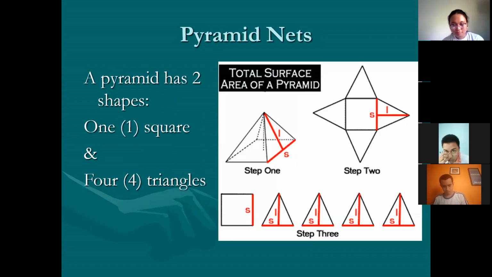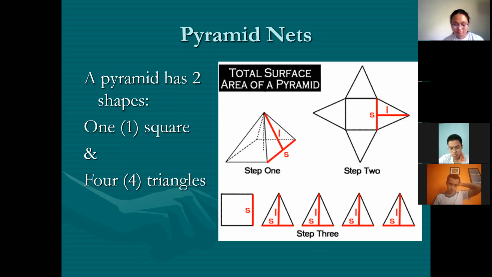So here is an example of a net figure from a pyramid with one square base and 4 lateral faces, which are triangles. If the pyramid is a square pyramid, all the faces are equal.